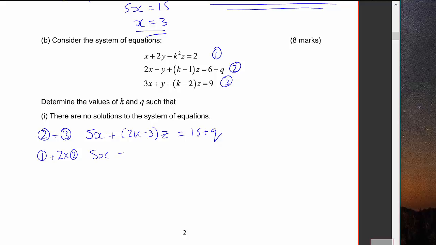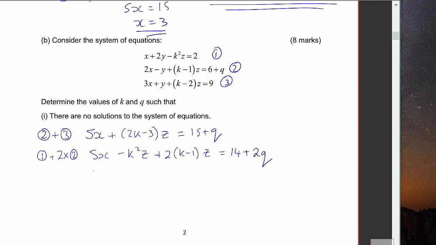So I'm going to have minus k squared z and plus twice k take 1 z's, and that's going to be equal to 2 of these, so 12 plus 2q plus 2, so that's going to be 14 plus 2q.